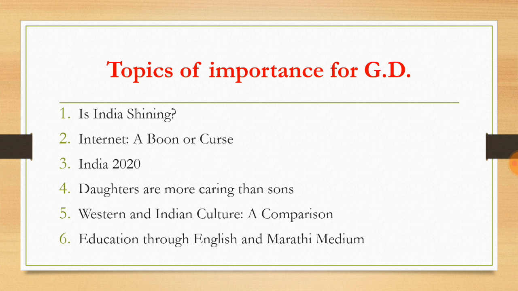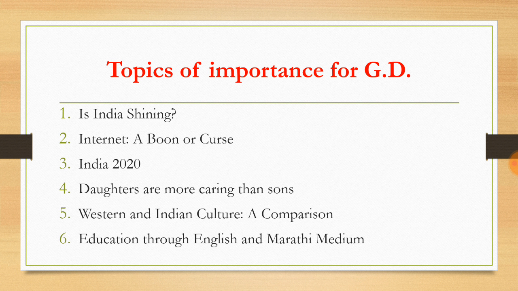The people who say that no, India is not shining will defend their ideas or opinions by citing the examples of other countries, and what we lack. When India overcomes this situation or that situation, then one can say, yes, India is shining. So it has two sides.